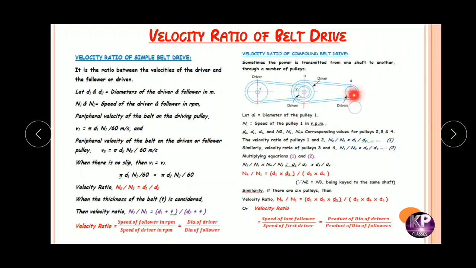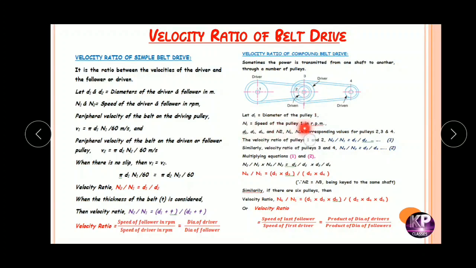Similarly, in 3 and 4, 3 is the driver and 4 is the follower. Here note that pulley number 2 and pulley 3 are keyed to the same shaft. As a result, speed of pulley 2 and speed of pulley 3 are same.